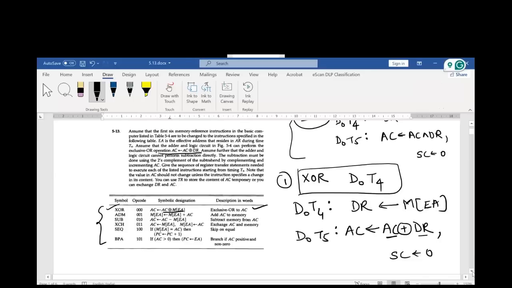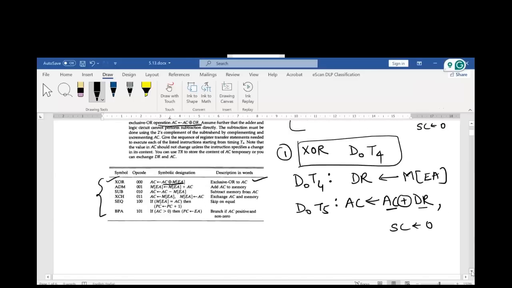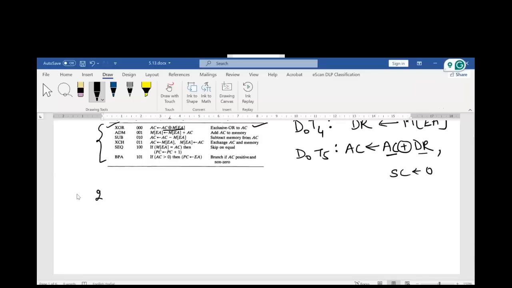Now let us see the next one. What is the next one? ADM. ADM is what? Add AC to memory. We have to add the content of AC to the memory operand. Again, the opcode is 001, so that is D1. Let us write the register transfer statements for it.